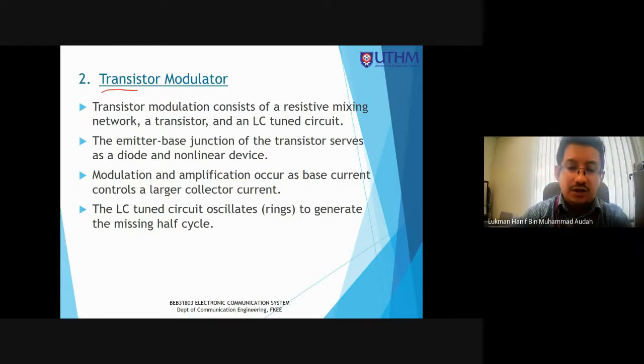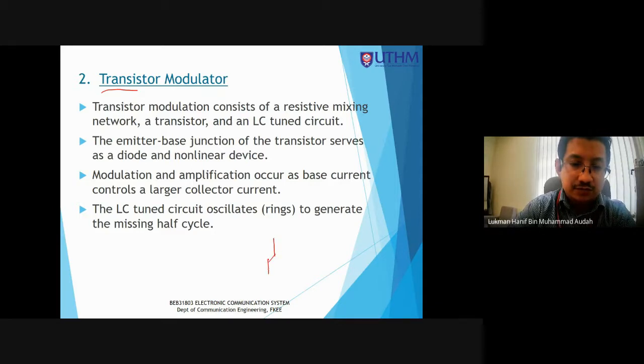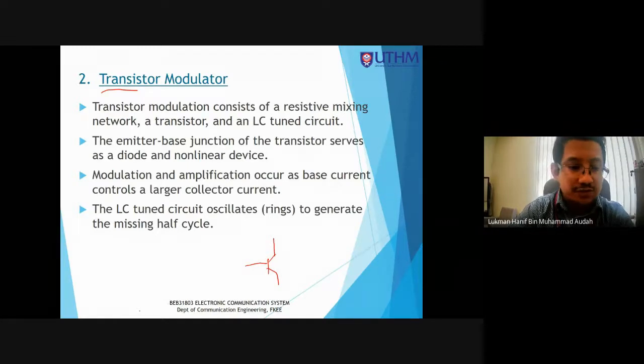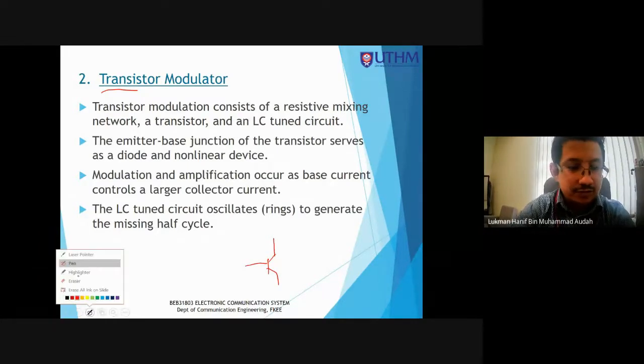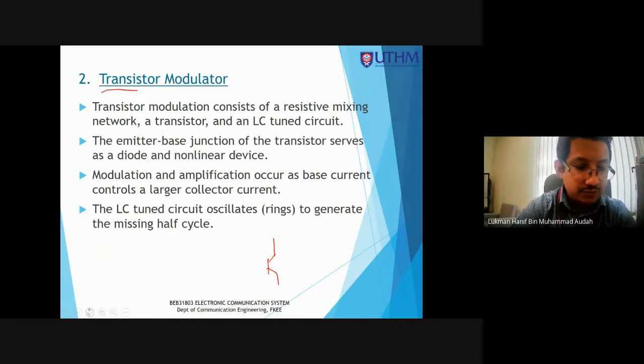Remember, if you still remember how a transistor works. For example, this is the collector, the emitter, and this is the base.